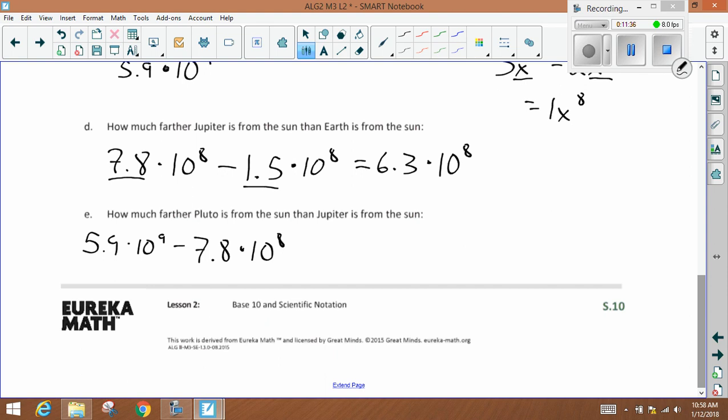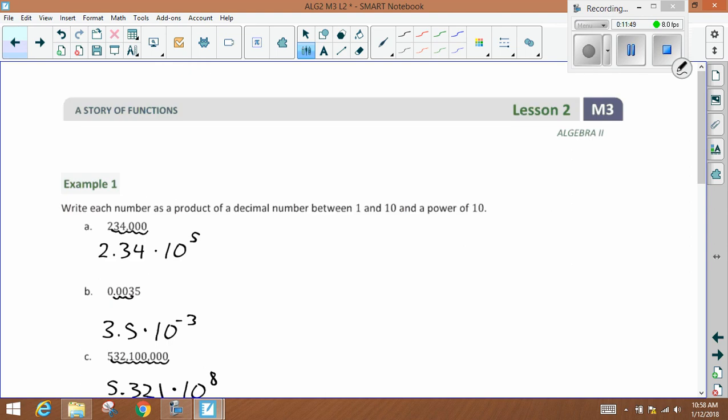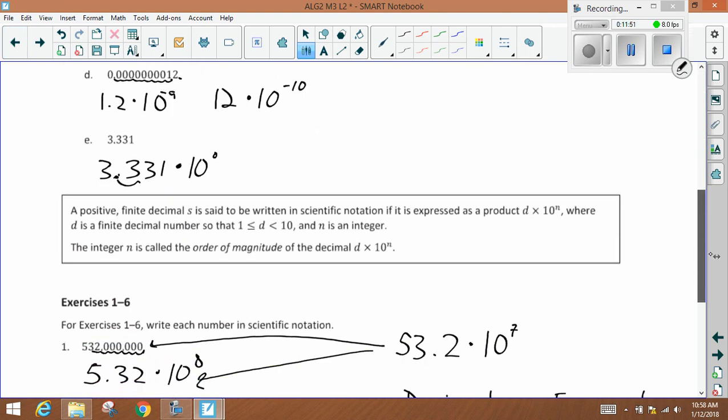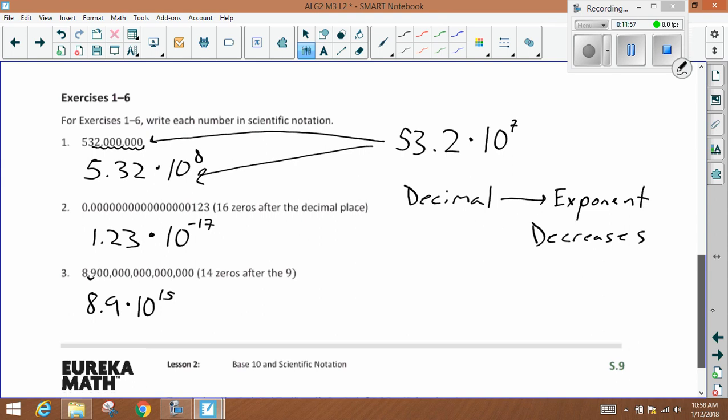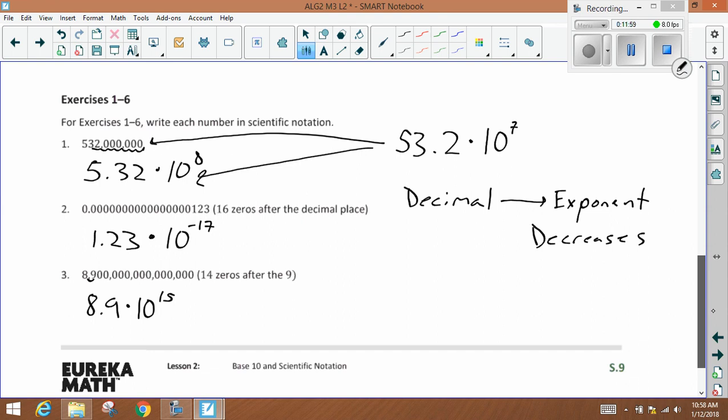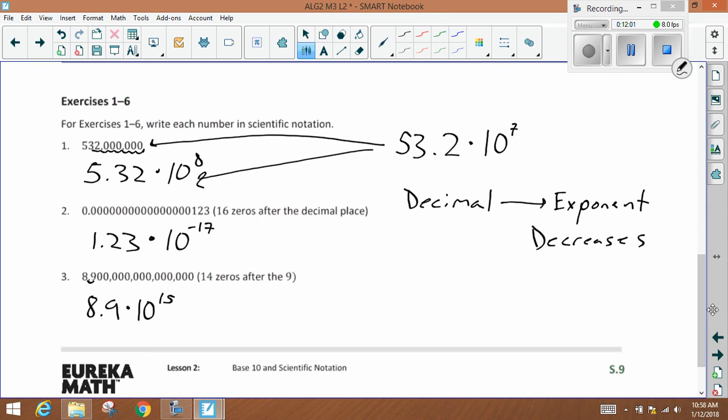So we have to make them the same. And we're going to do what I was talking about over here. So that's why I was talking about doing this. Because that's what we're going to have to do, right? We're going to decrease one of our exponents. I'm sorry, let's increase one instead.